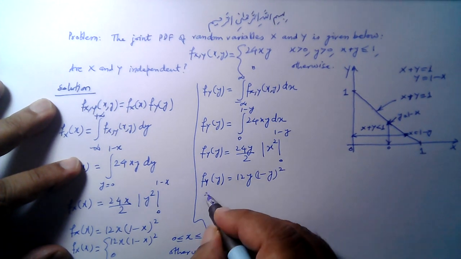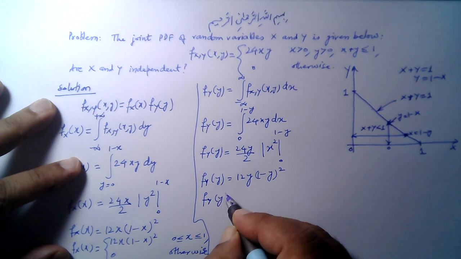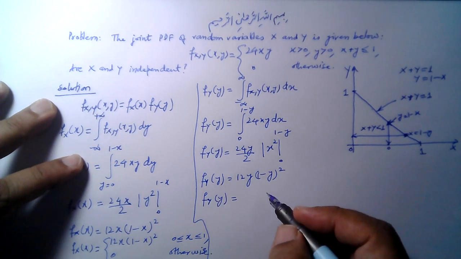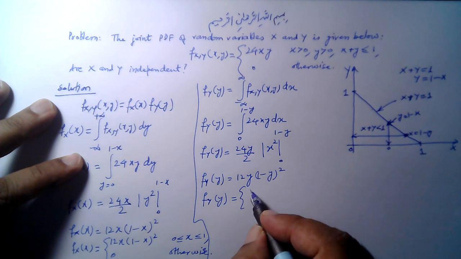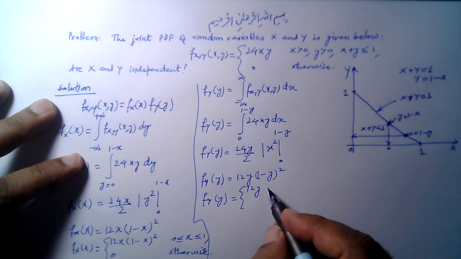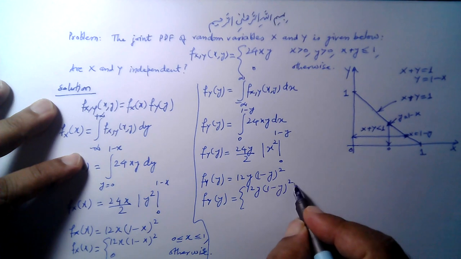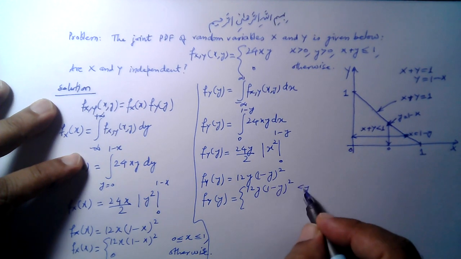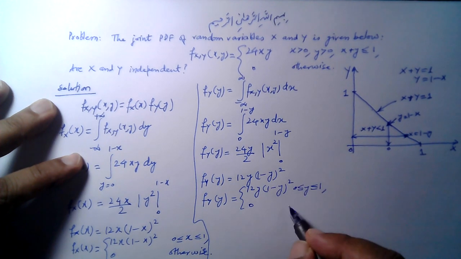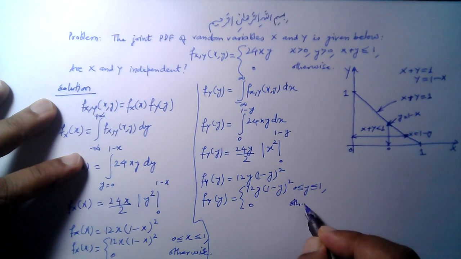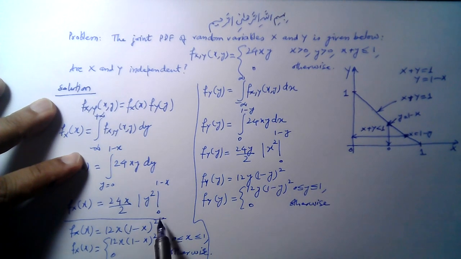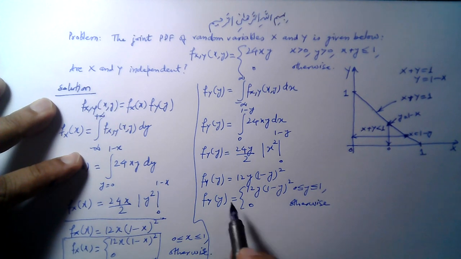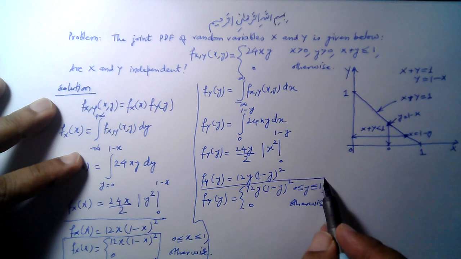So in summary, the marginal PDF of random variable y is given by 12y into 1 minus y square for y greater than 0 and less than or equal to 1, and 0 otherwise. So we have determined the marginal PDFs of random variable x and random variable y.